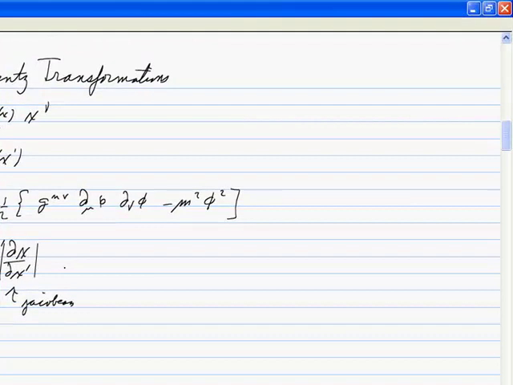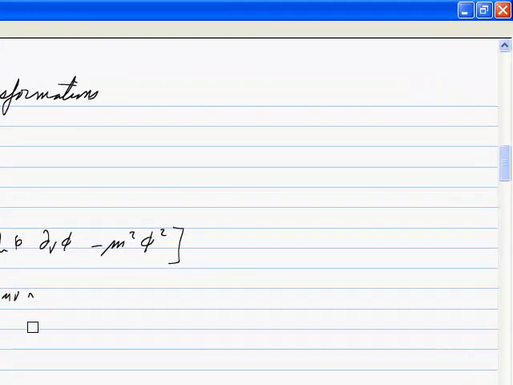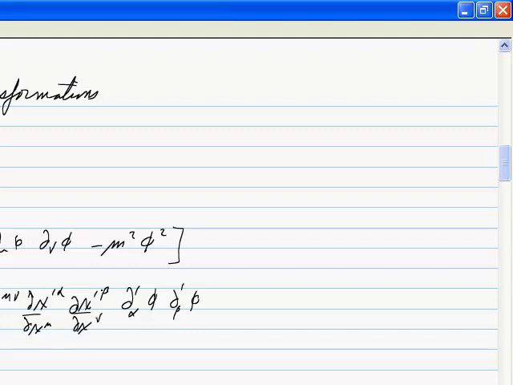And this would be then g mu nu. Yes, so it's dx prime alpha over dx mu, dx prime beta over dx nu, d prime alpha phi d prime beta phi.